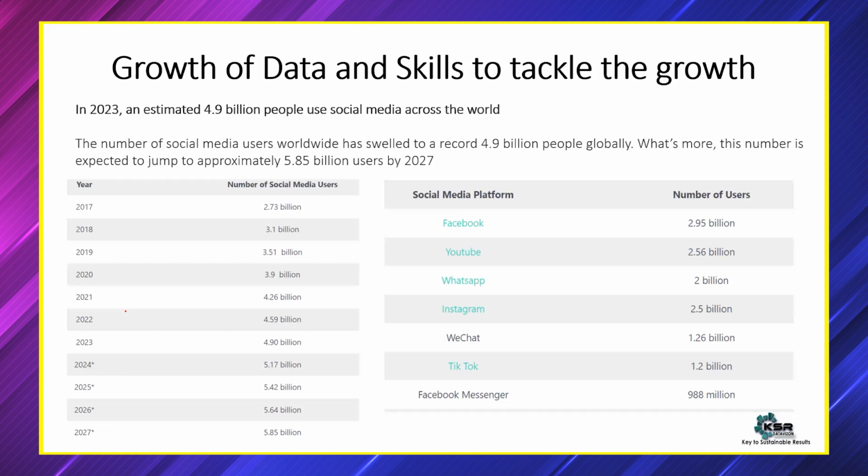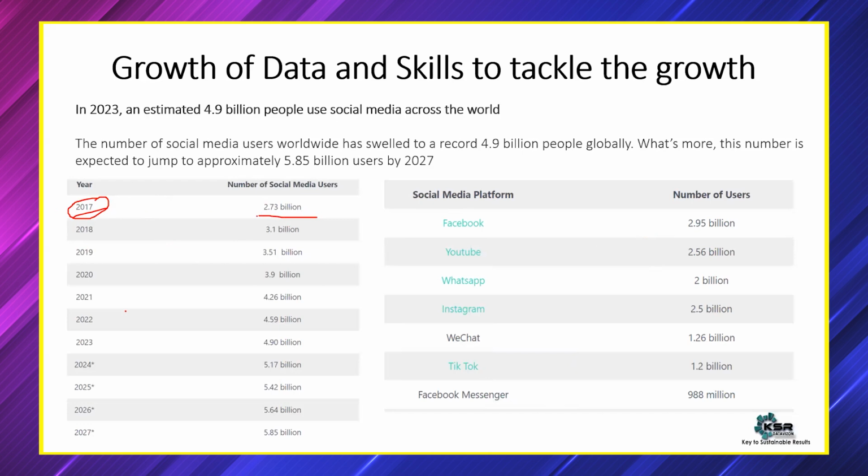Now, if you take specific statistics, from 2017 the number of social media users was 2.73 billion. Now, 2017 is not way back. We are in 2023, so around 6 years back, or maybe we'll assume 2024, 7 years back.